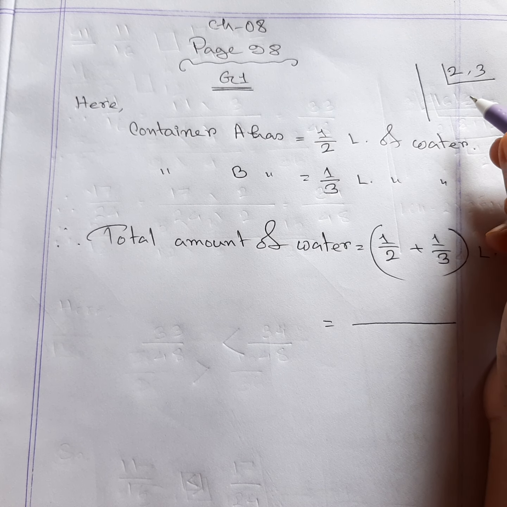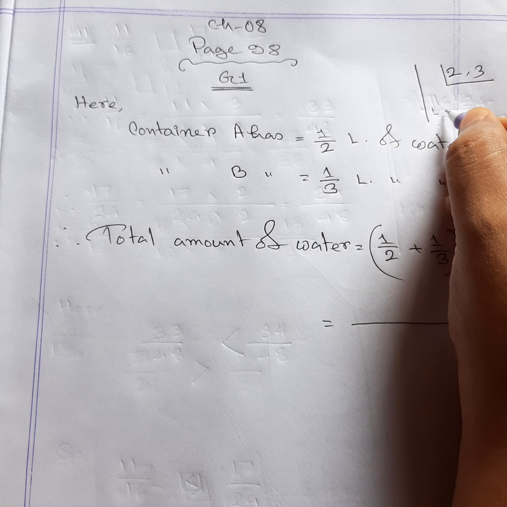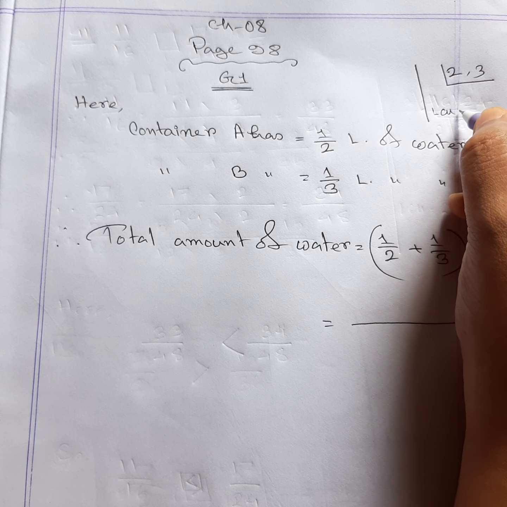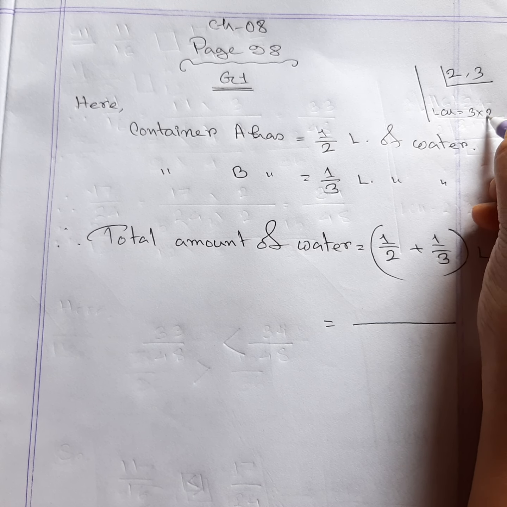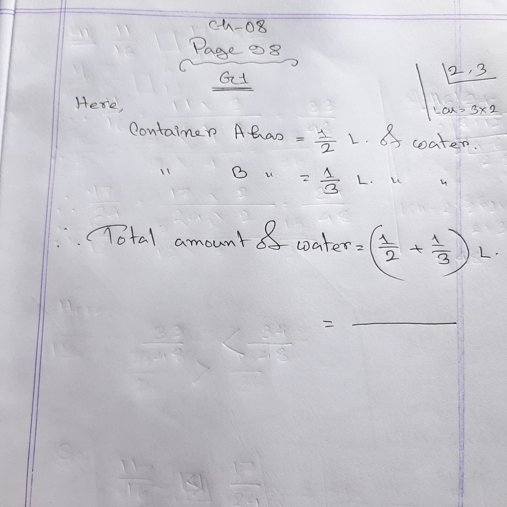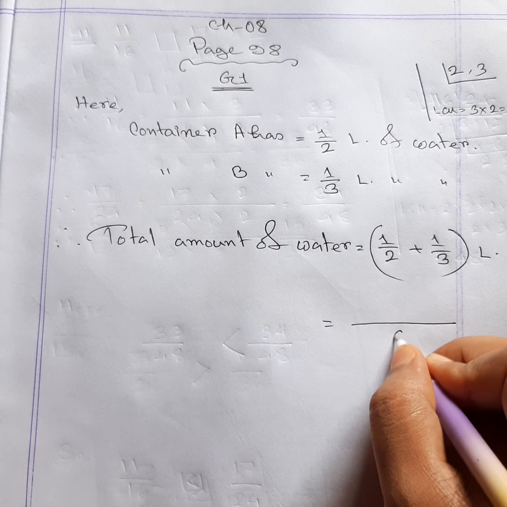I have written down the LCM of 2 and 3 over here. I cannot divide them, so LCM is 2 into 3. Oopsie, I wrote 3 into 2. It's okay, totally fine, no problem. LCM will be the same, 6.